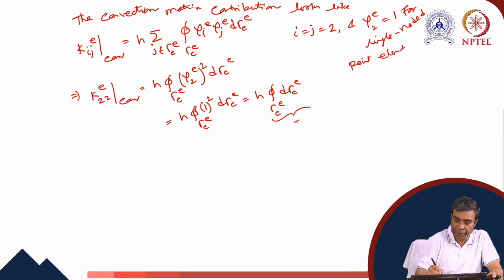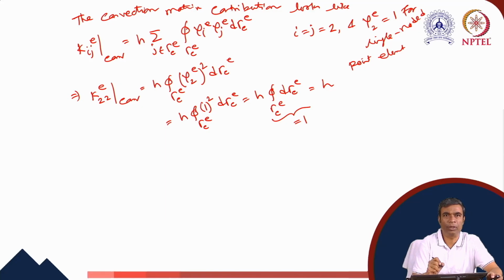This integrand must equal 1 so that the entire convective heat flux goes to the boundary node only. So this becomes equal to h and there is no contribution to the local node 1.